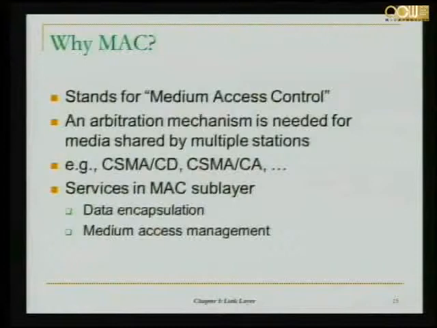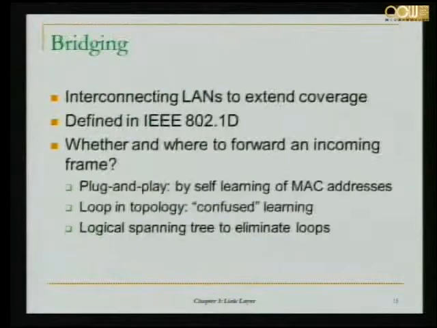So you will see CSMA/CD and CSMA/CA used in Ethernet and wireless LAN respectively. We'll see that next. Also, the MAC sublayer within the link layer needs to do encapsulation, adding another header. Okay, so that's the MAC layer.